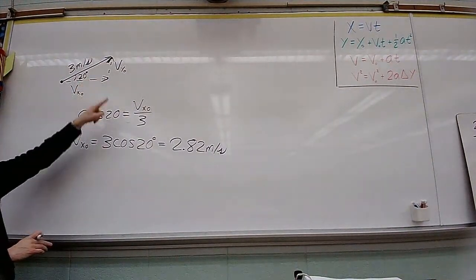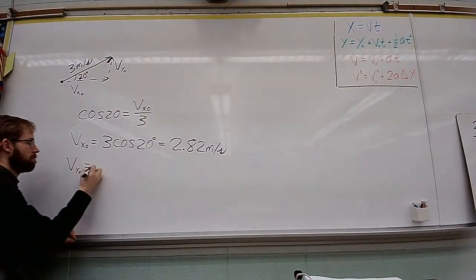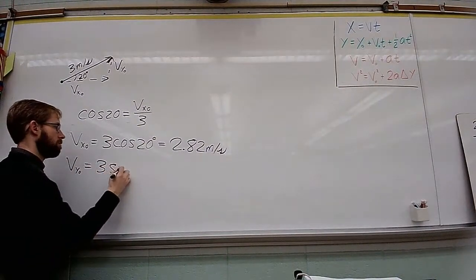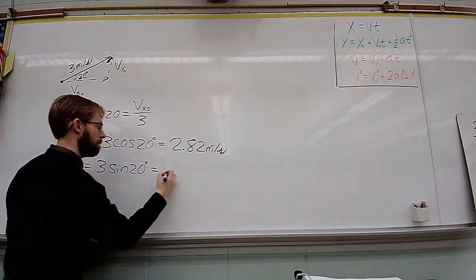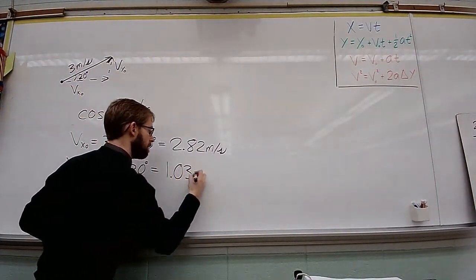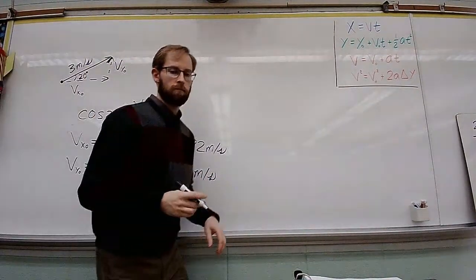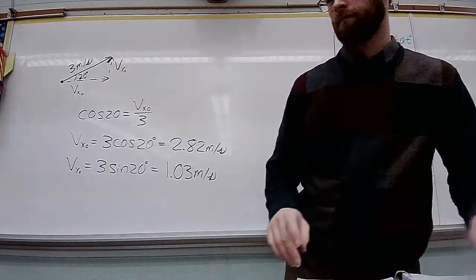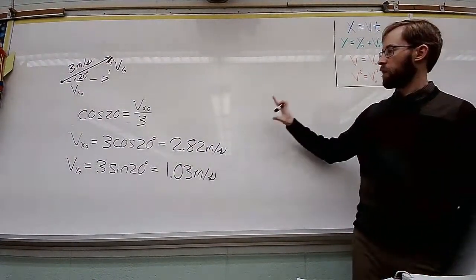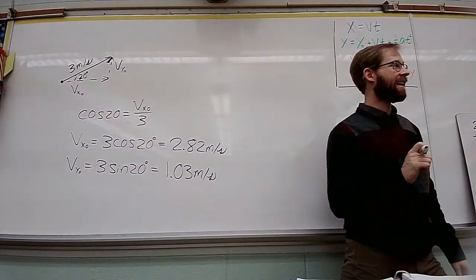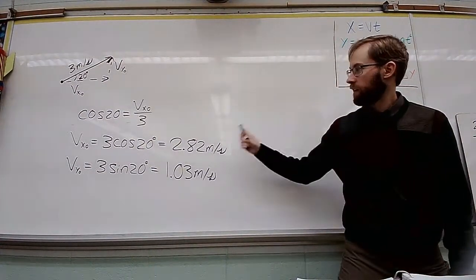The only difference is you'll have a sine in here instead of a cosine. And of course, you'll get a different number. Everybody on board with this procedure so far? Solving for triangles. Okay, so that's step 1.